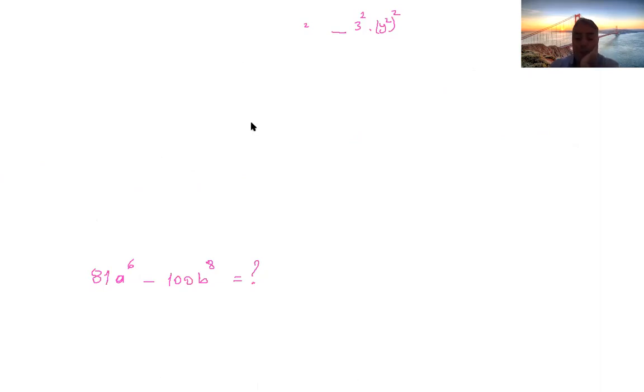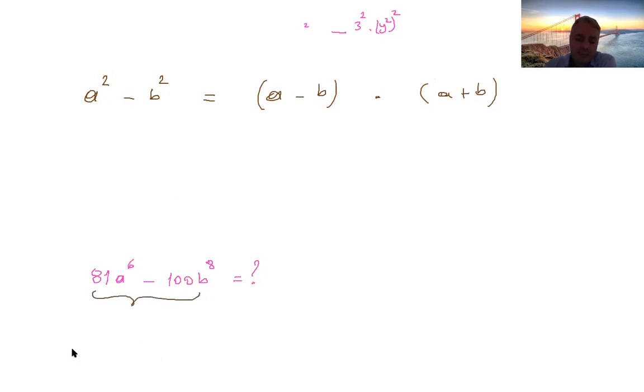Okay, how can we solve this? Our aim is this: how can I write a squared minus b squared, which is a minus b times a plus b? How can I write in this form? To write in this form, I need number to the power of 2 minus number to the power of 2. So 81 is 9 to the power of 2. a to the power of 6 means a cubed to the power of 2.